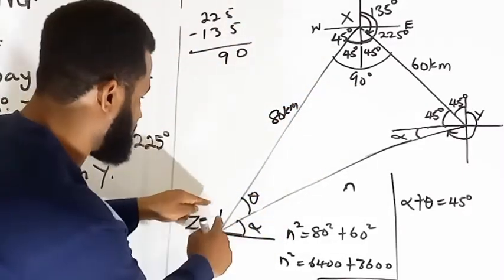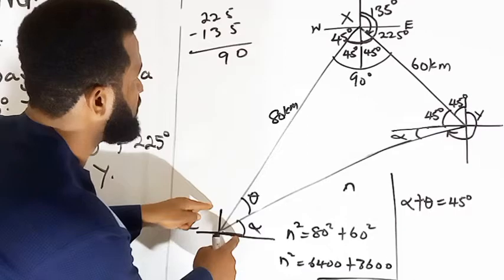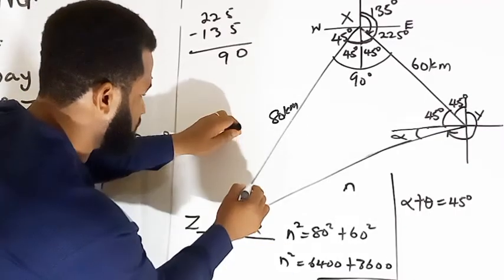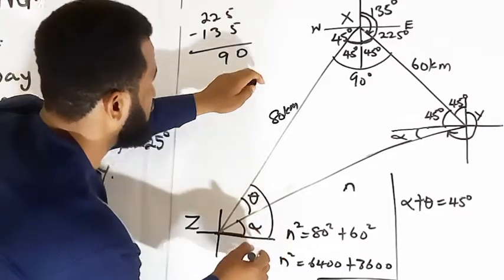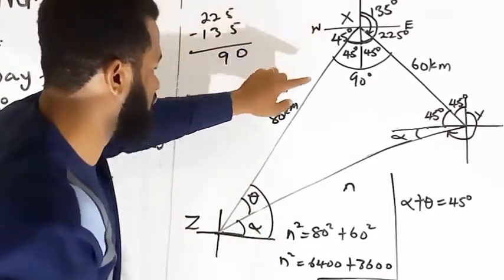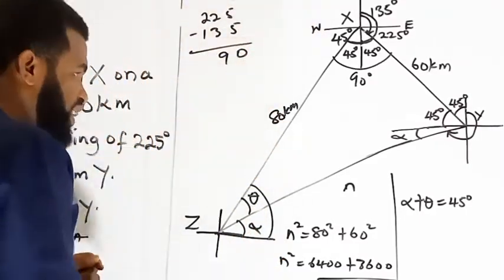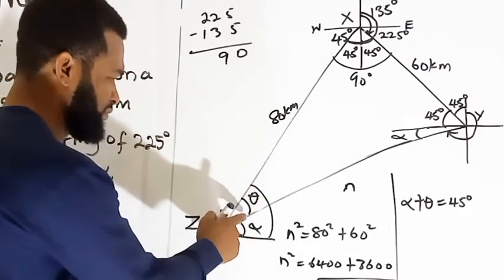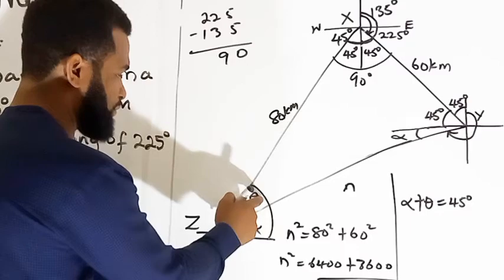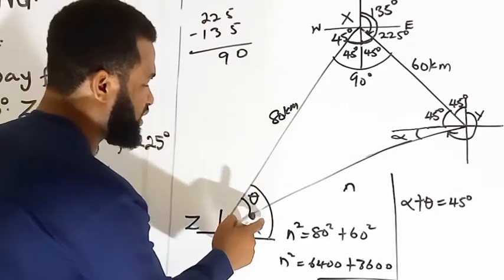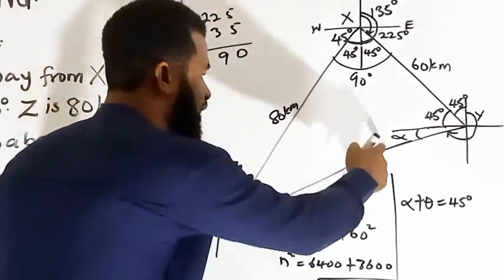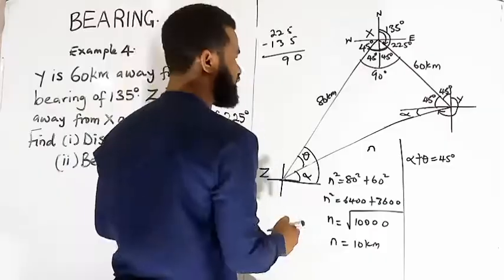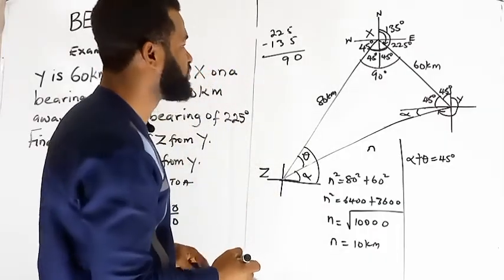Everything from this line to this place, from here to here, is the same thing as 45 because they are alternate. But then I have to find what this theta is. Then minus this theta from 45 to get this. If I get here, I can get this place. If I get this place, I can get the bearing of Z from Y.